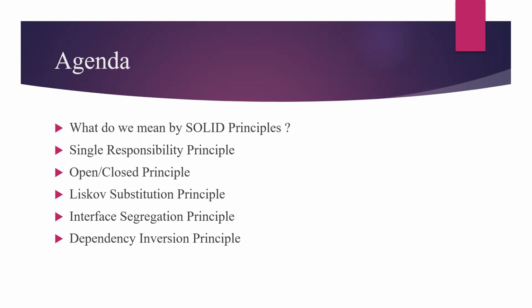We will start with the single responsibility principle, then we'll go to the open close principle, followed by the Liskov substitution principle, then the interface segregation principle, and finally the dependency inversion principle.